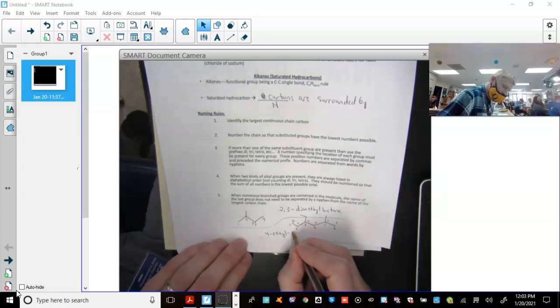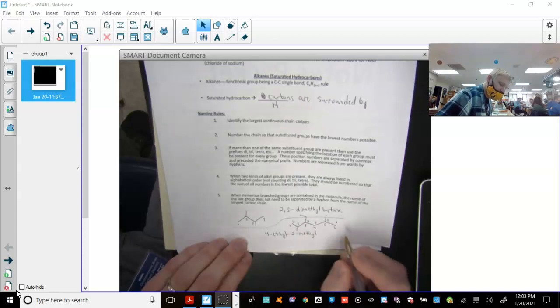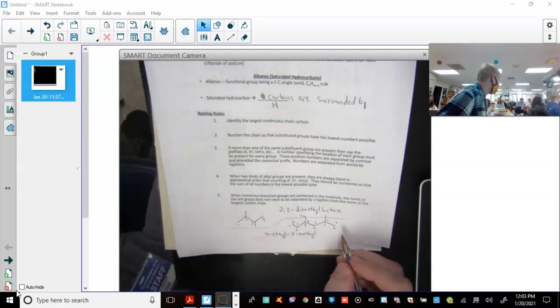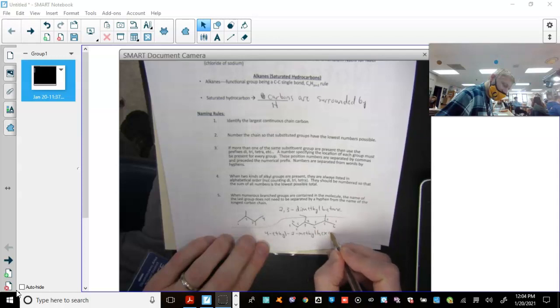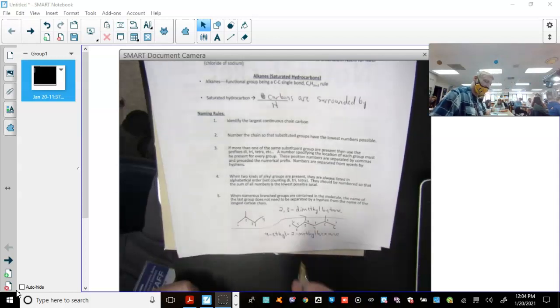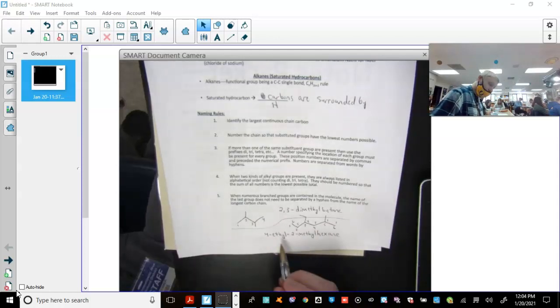And then I'm going to do 2-methyl, and this is 6 carbons. 5 is penta, 6 is hex, and we put the ending as ane, hexane. So this is 4-ethyl-2-methylhexane.